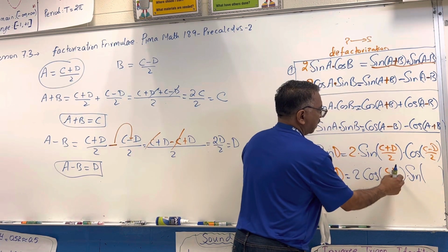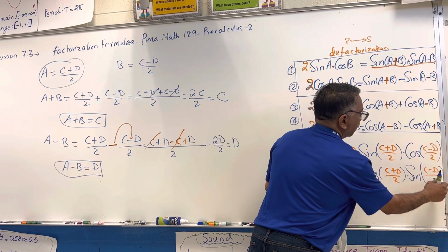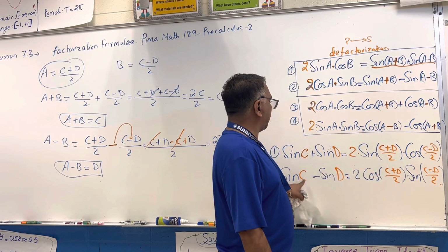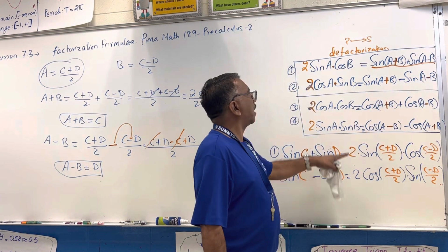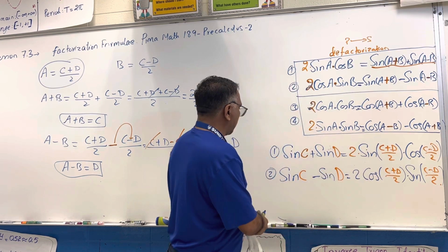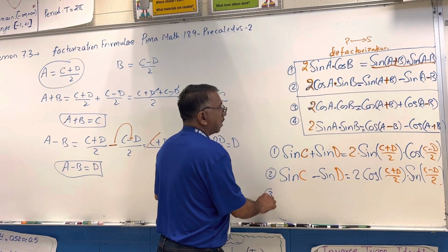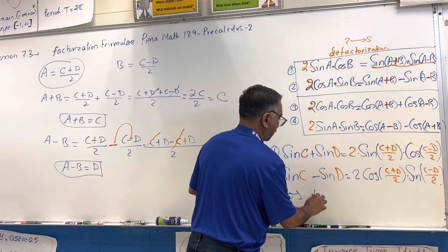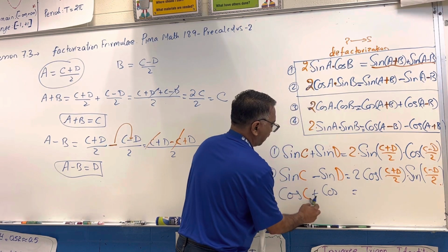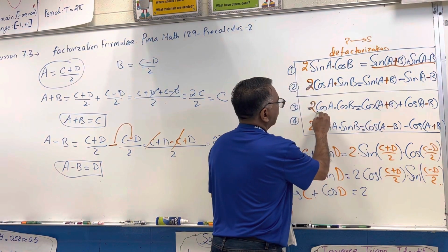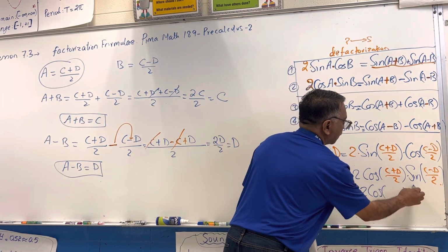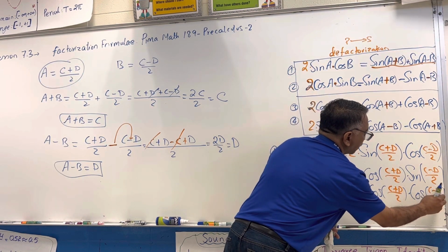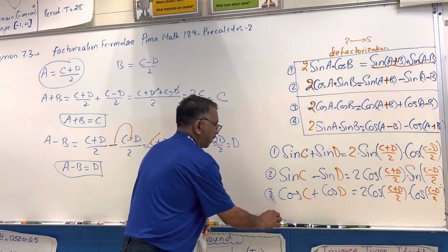The only difference is the angles you have to replace: I'm replacing A plus B by C, A minus B by D, and A by (C plus D) over 2. The third one is cosine C plus cosine D, which is again 2 cosine of (C plus D) over 2 times cosine of (C minus D) over 2. There you go.